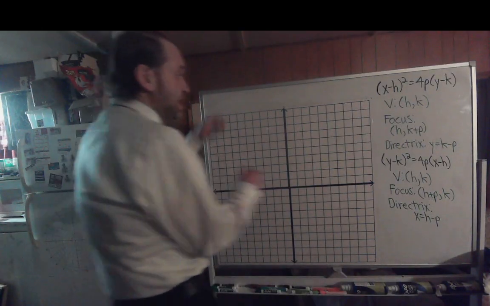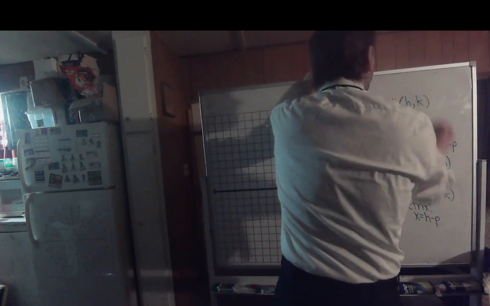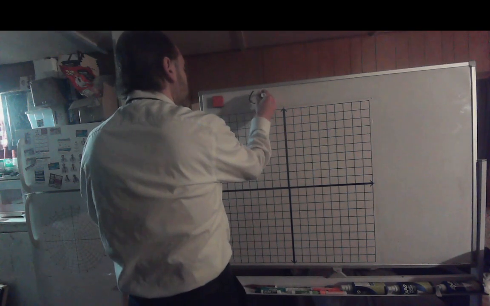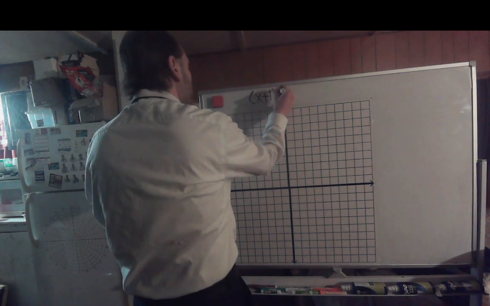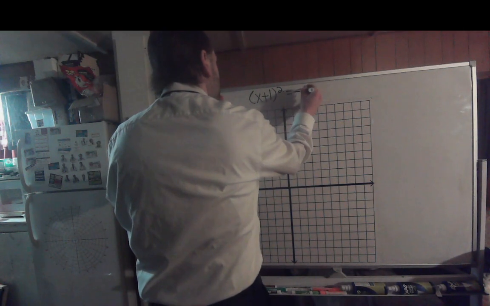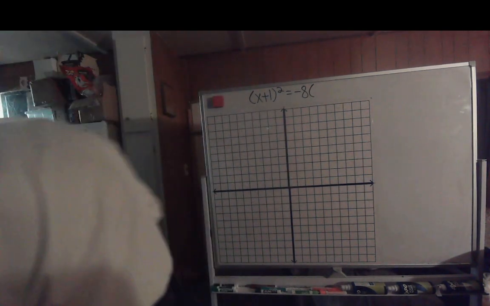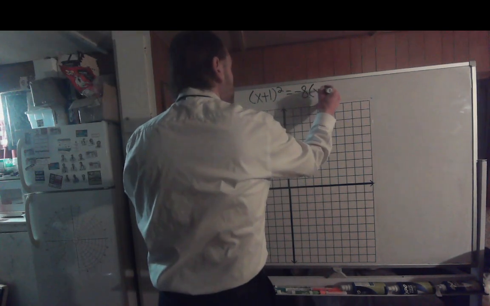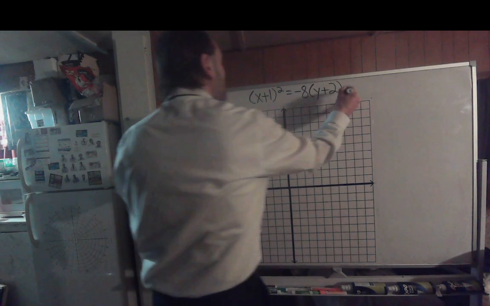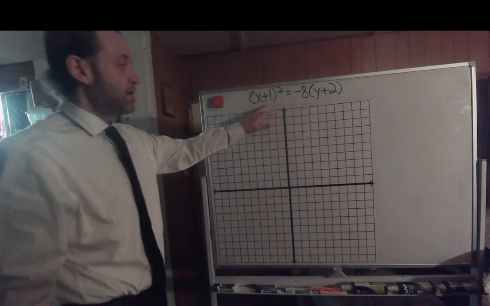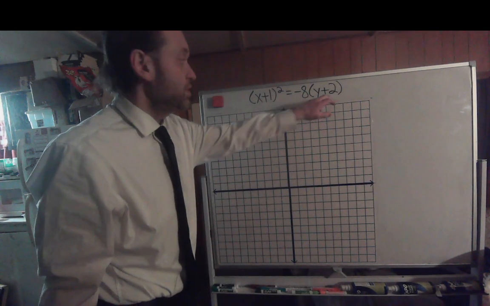So let's get into some examples here. Let's say we have the quantity (x plus 1) squared equals negative 8 times (y plus 2).